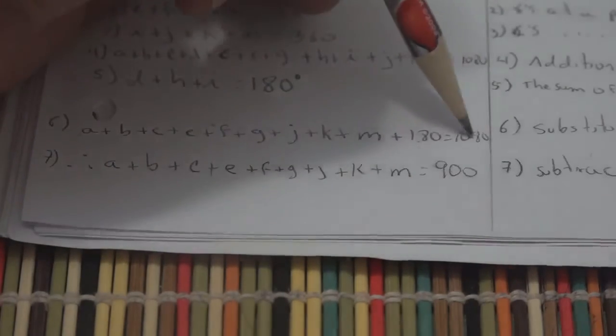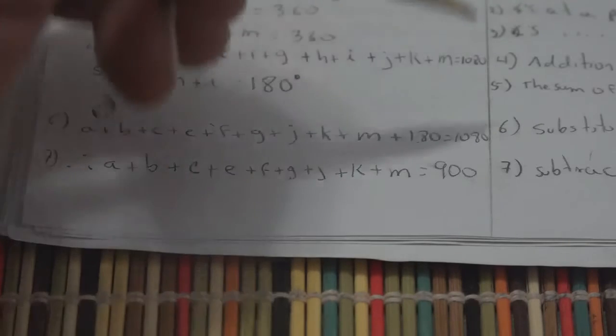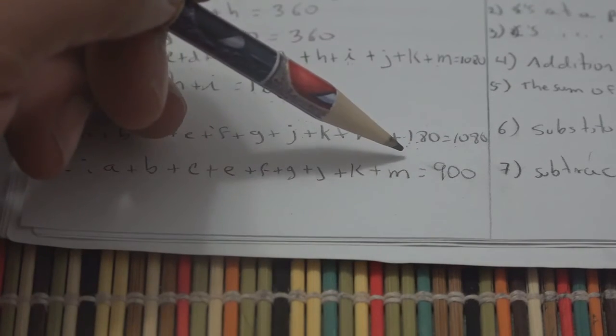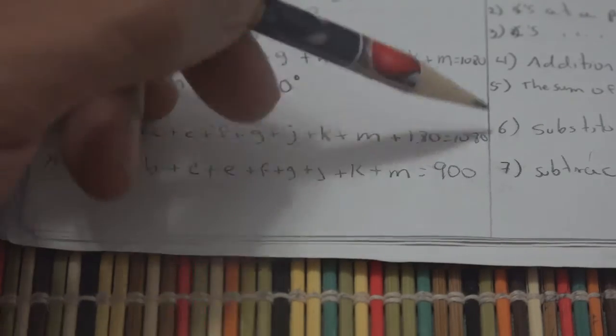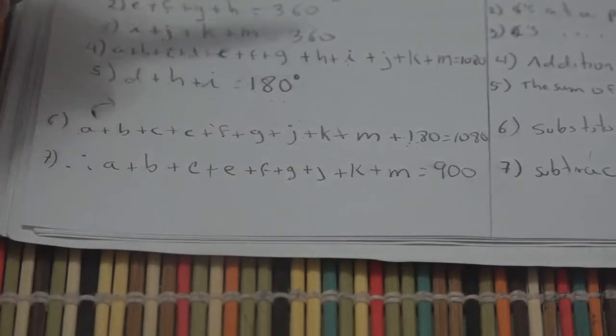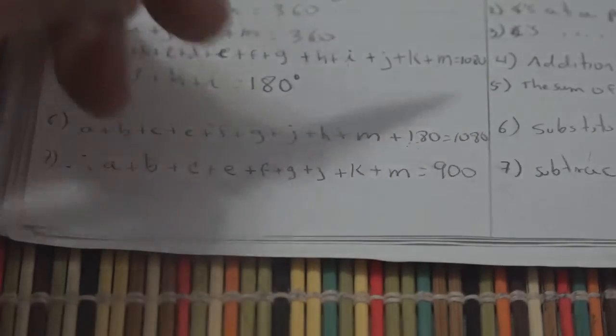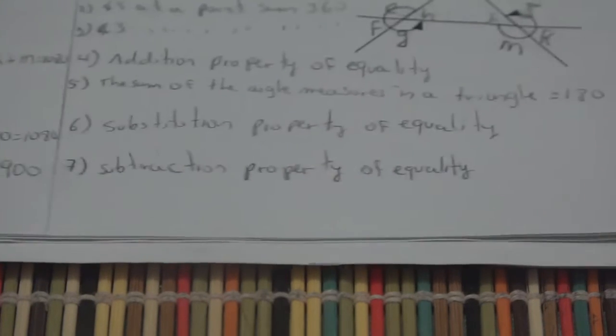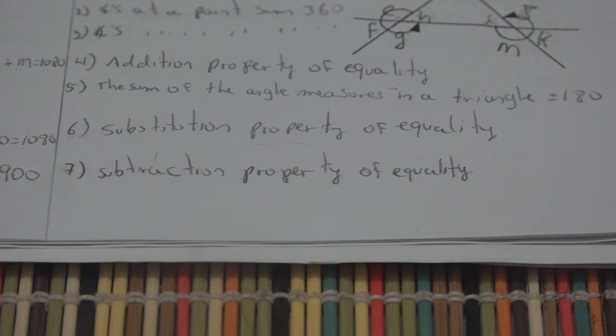If I subtract equals from equals, the resulting difference, meaning subtraction, stays equal. Got it? And what would be my reason for that? Subtraction property of equality.